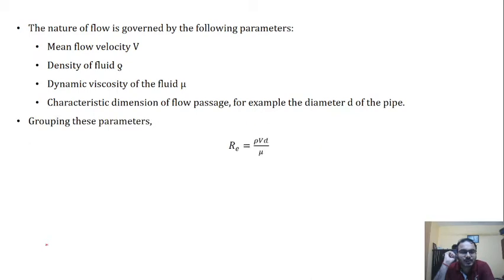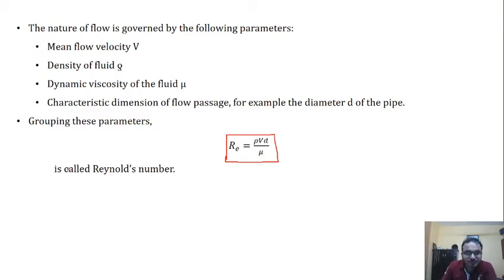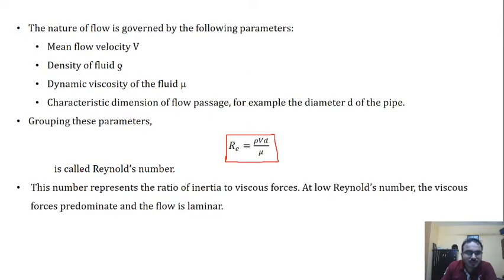So grouping these parameters together, we can have a dimensionless number, which is the Reynolds number, given by the formula rho V d divided by mu. This is called the Reynolds number. Now this number represents the ratio of inertia force to viscous force.